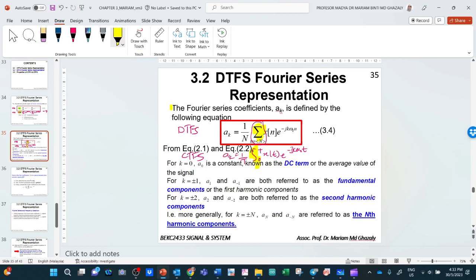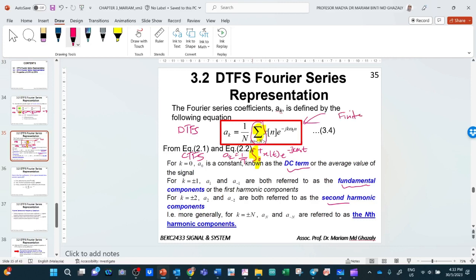Okay, so the definition given here is that, as usual, a0 is the constant value, which is known as the DC term. a1 is known as the fundamental component, a2 will be the second harmonic, and so on. Since the equation for discrete time is that ak is equivalent to 1 over N summation of x[n], it is actually not an infinite value, it is a finite value.